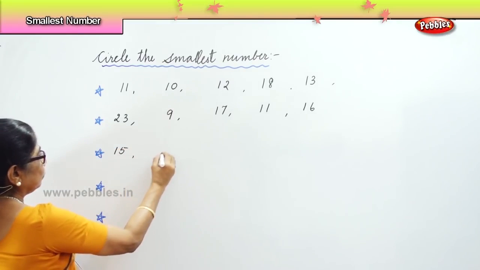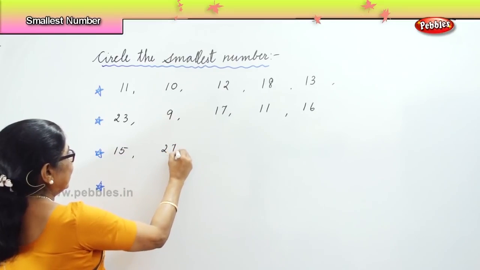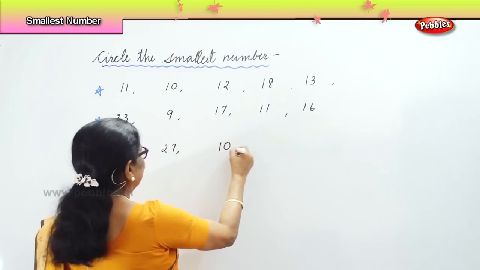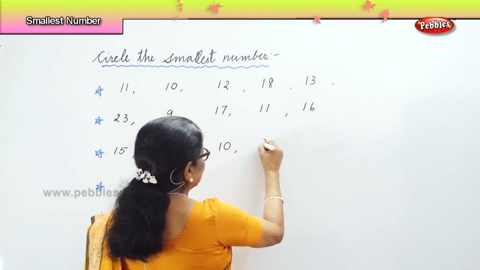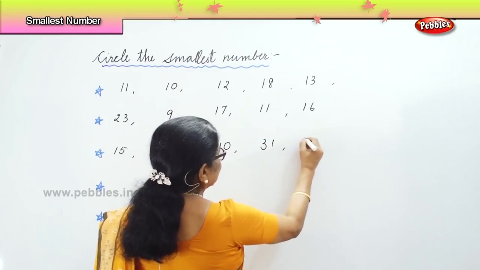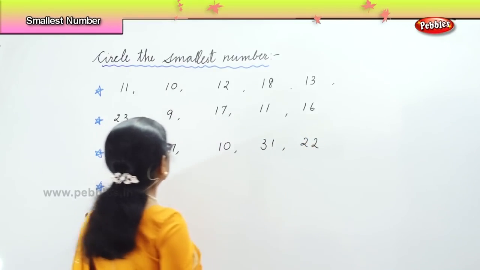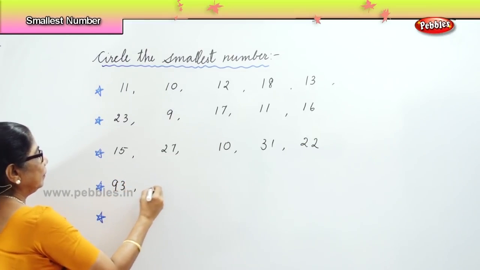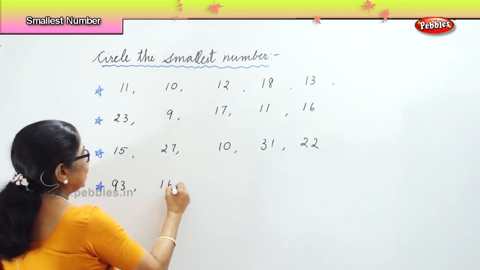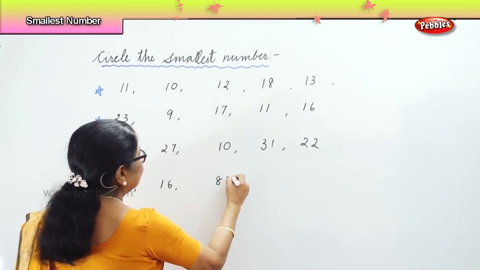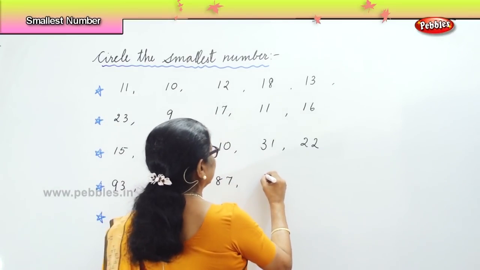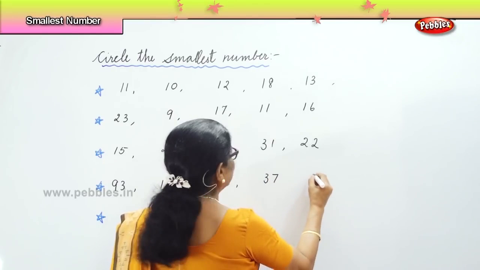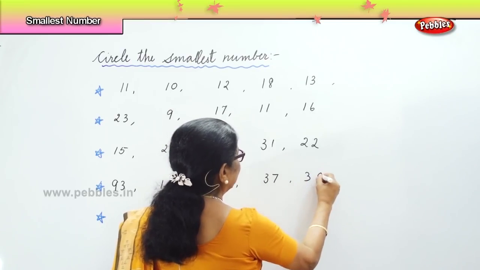Another lot I have here for you is 15, 27, 10, 31, 22. Another set I have here: 93, 16, 87, 37, 39.